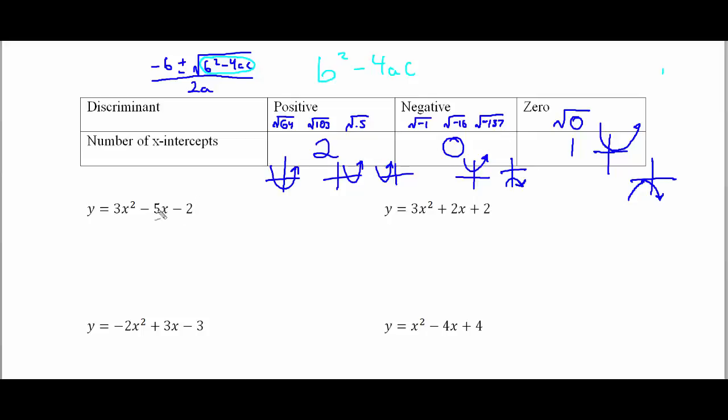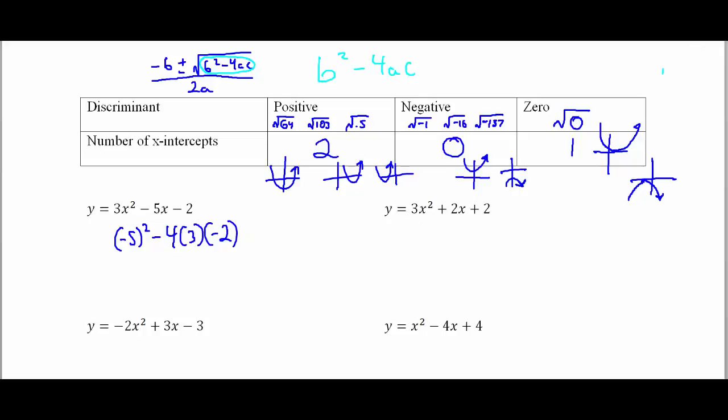So what we're going to do is evaluate each of these discriminants using the quadratic formula. From now till the end of this worksheet, we're going to primarily use the quadratic formula because things are not going to be easily factorable nor graphable. So this is going to be b squared, or negative 5 squared, minus 4 times a, where a is 3, and c is negative 2.